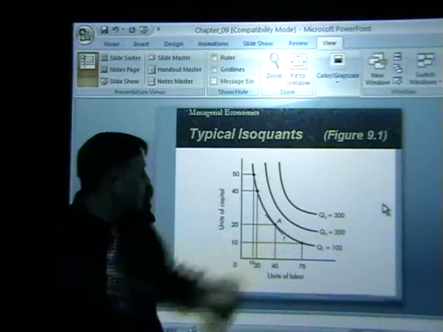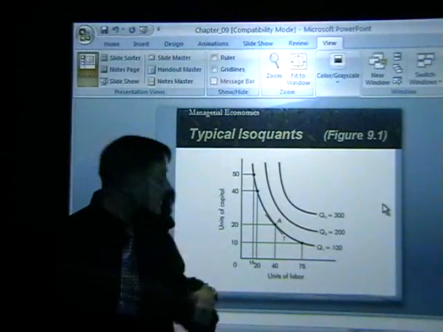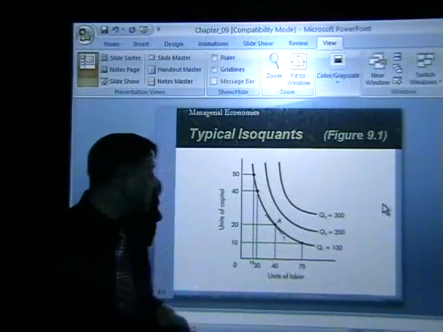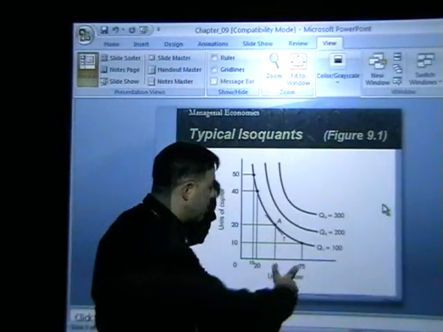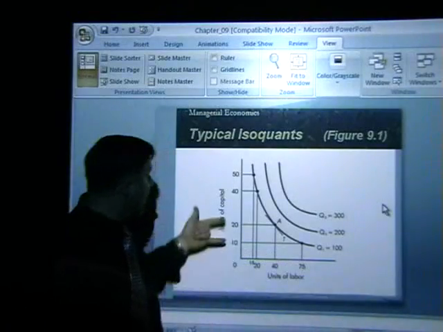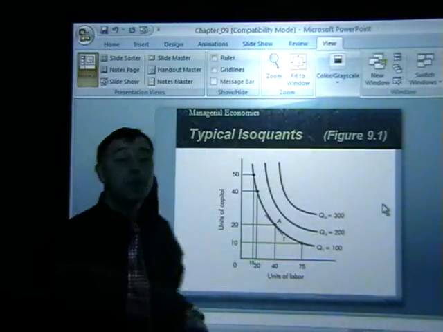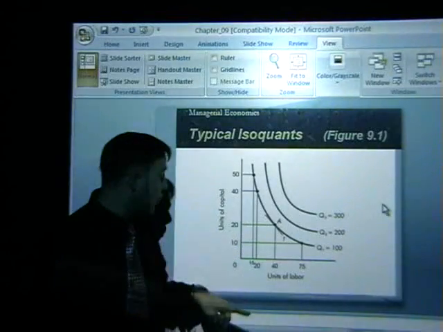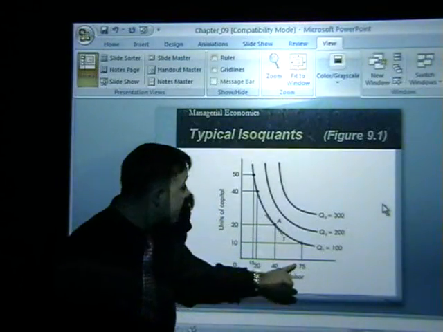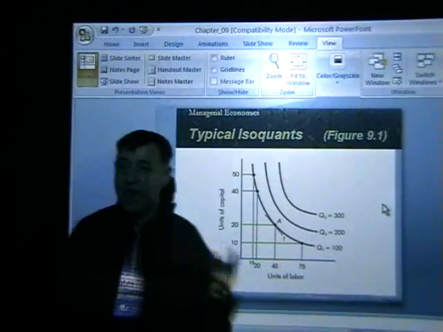From this point to this point, you can think of the marginal rate of technical substitution as this particular slope. Here, the change is of 35 workers, and here the change is of 10 capital. So, when you look at capital for labor, the ratio is 3.5: 35 workers divided by 10 units of capital.